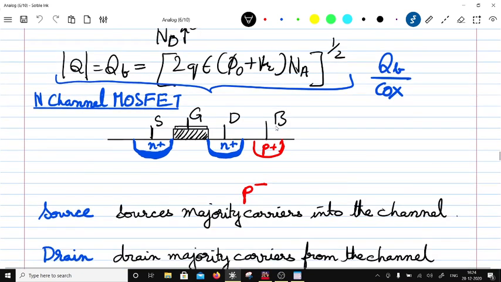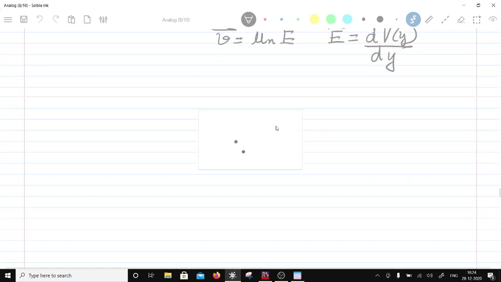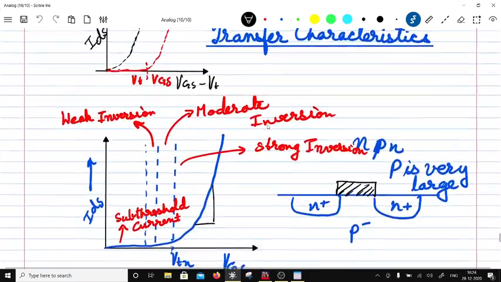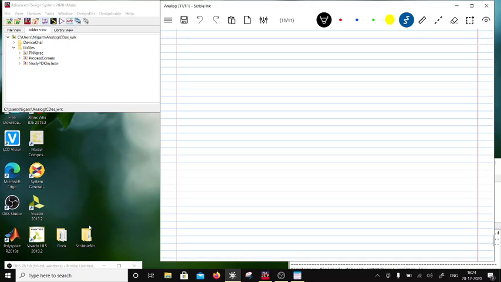So let's come to where I was explaining in session 4. Okay, over here. So what happens is the following. If I was to draw the characteristics of a MOSFET, let's say NMOS or a PMOS, what do I get?